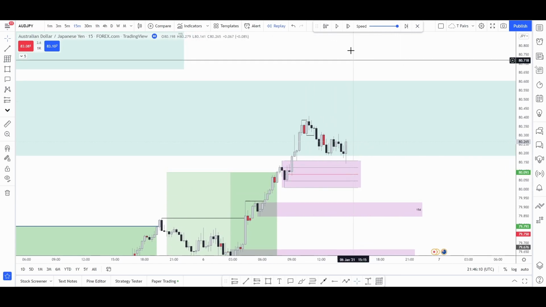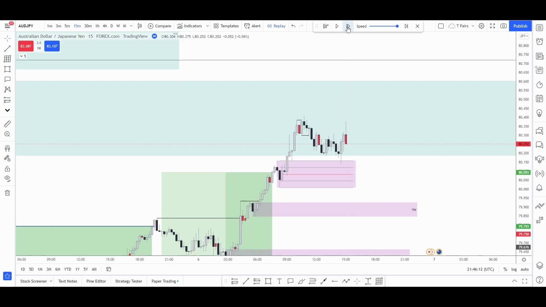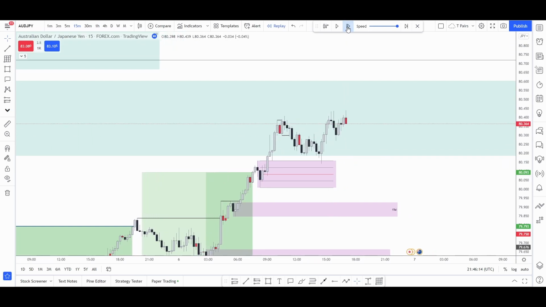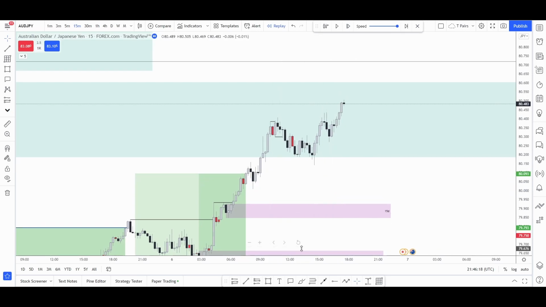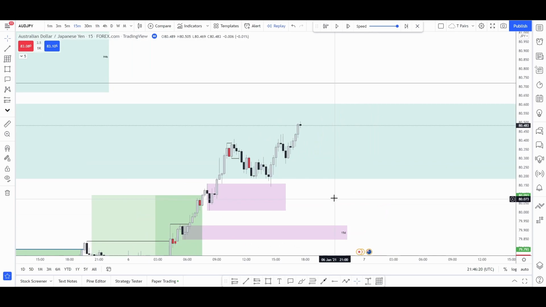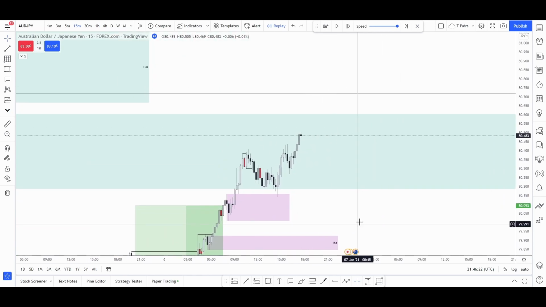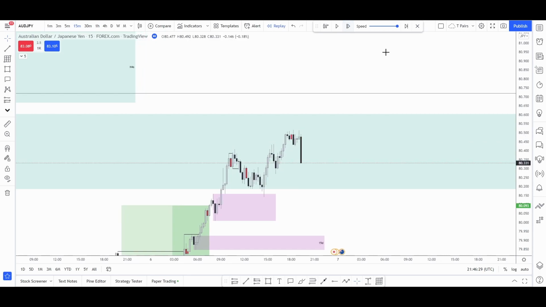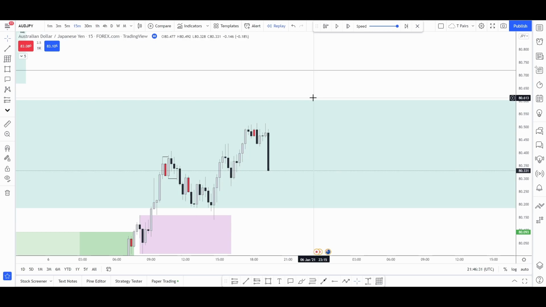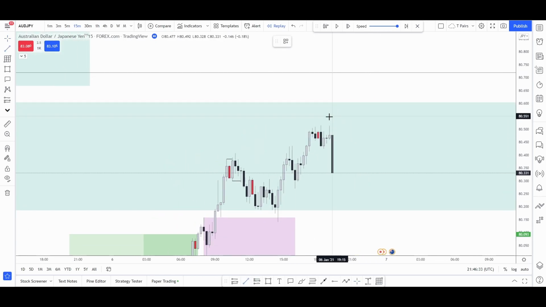So if we get triggered, I'll put on the drawing tool. We don't. Alright, take these back off again. Oh, actually I could do with that last one just in case. Now then, what's going to happen? Good bit of price action just here.